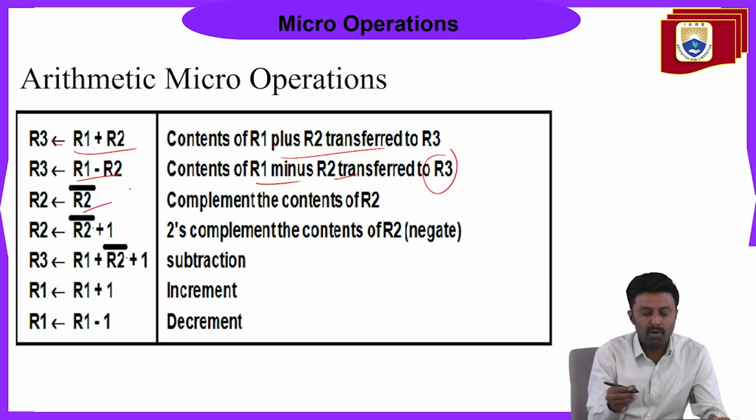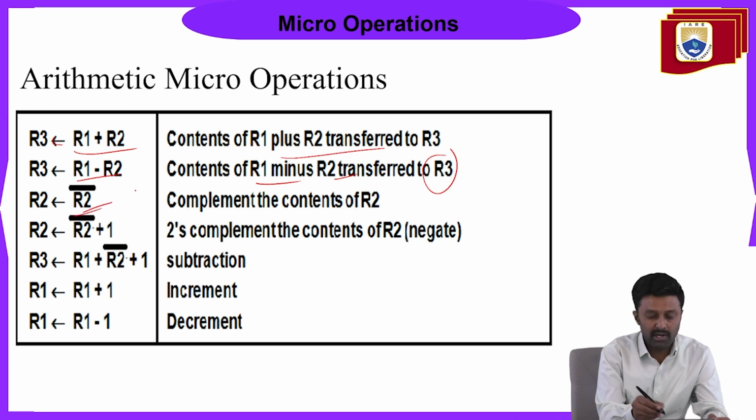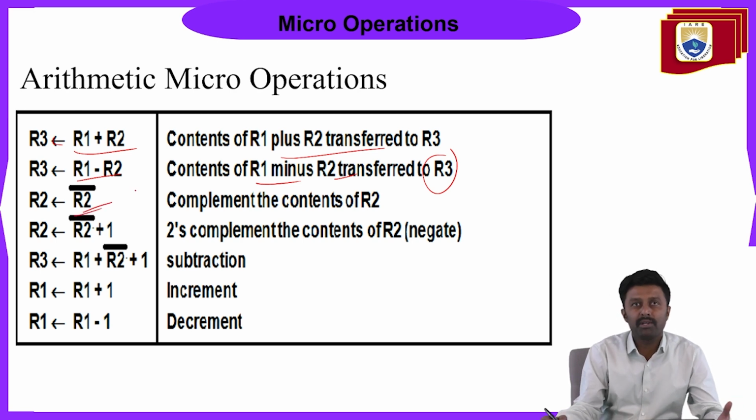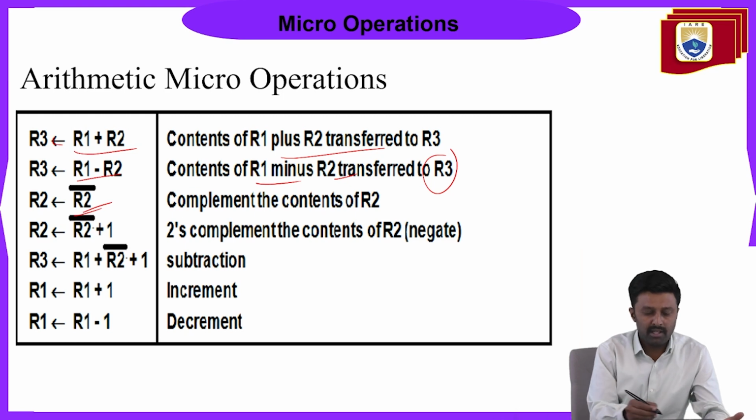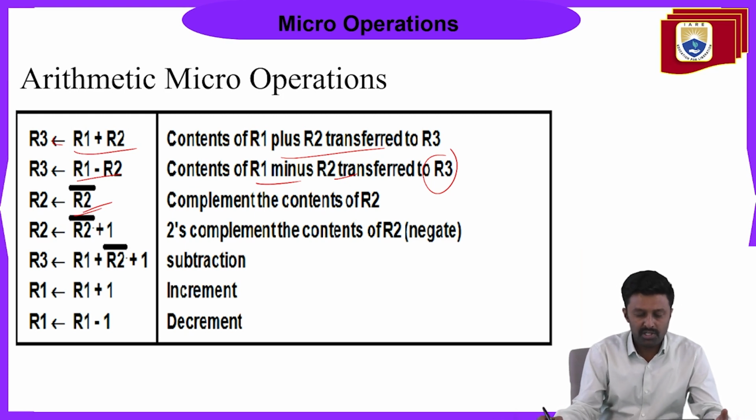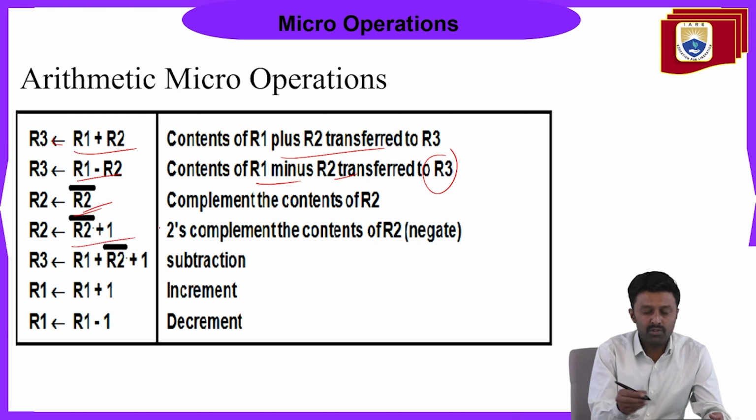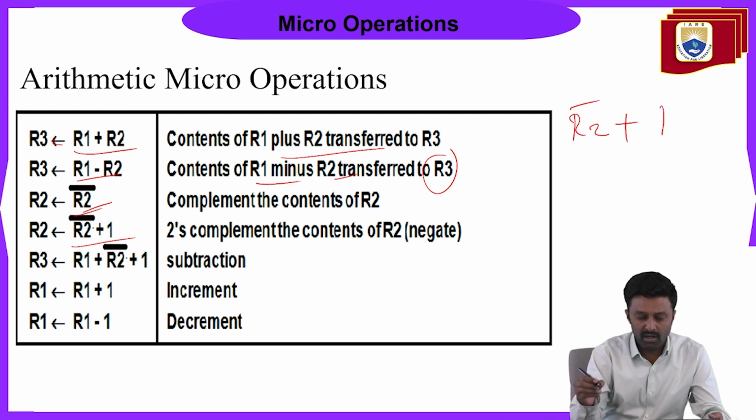Then if you want the complement, you write R2 bar. It indicates that if you want to complement a number, then this operation is used. Then if you want the 2's complement, we have to take the complement R2 bar, then we have to add 1.